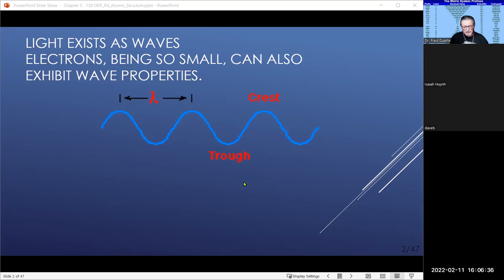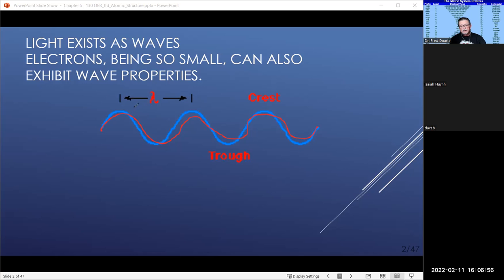And so this diagram here kind of represents a wave of light. You can see here this curve where it's traveling, like so, represents light propagating through space.